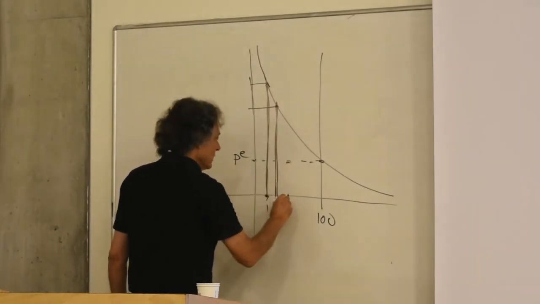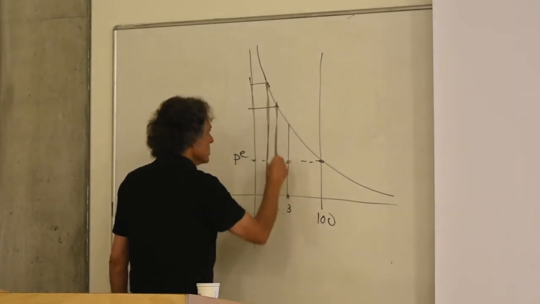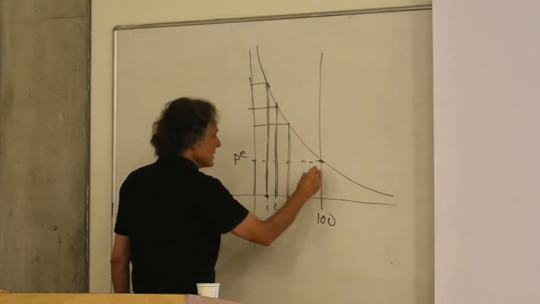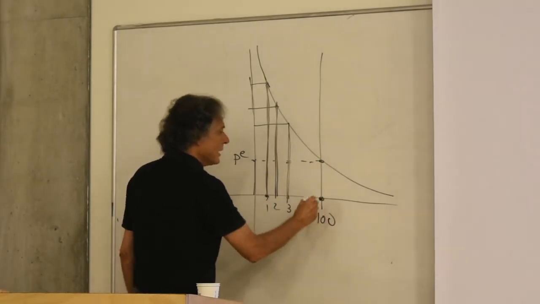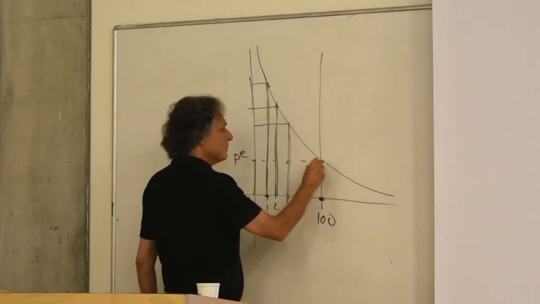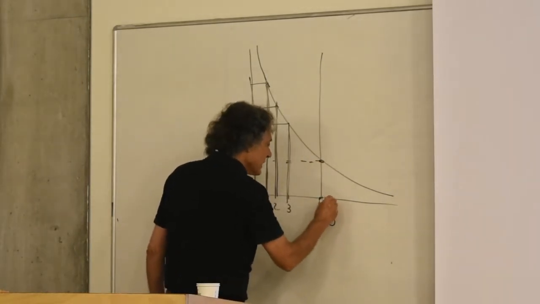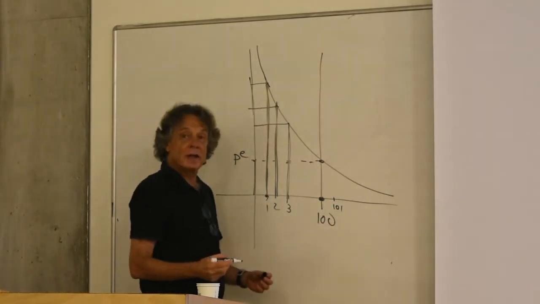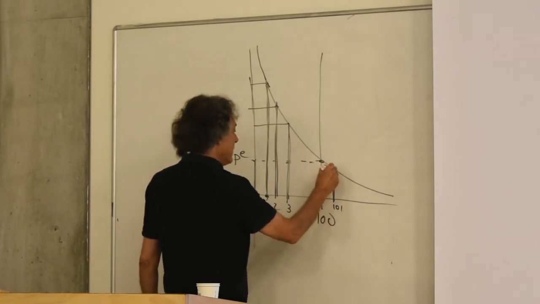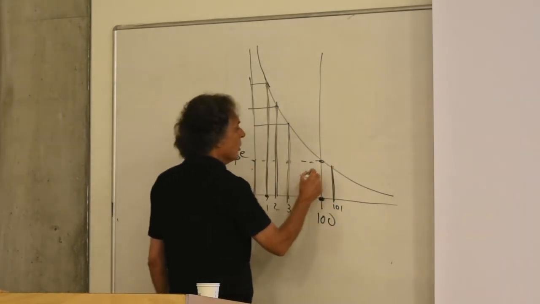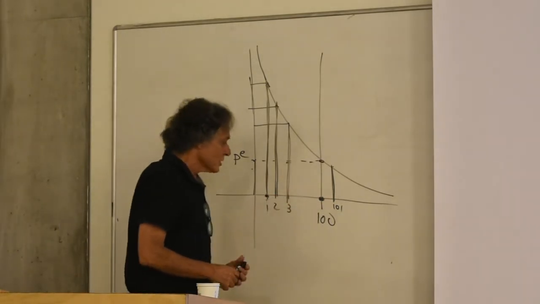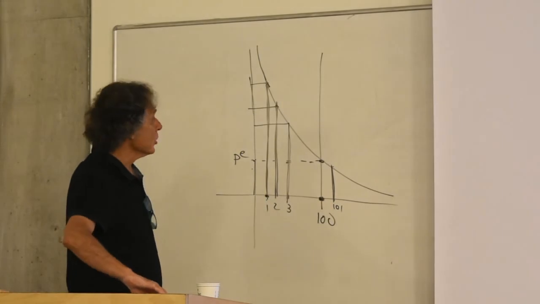The third one is willing to pay that much, still more than PE, etc., etc. The last one, the one that rents apartment number 100, is just willing to pay PE. Let's say that you are here, 101, even though we don't have a 101st apartment, but this person has a willingness to pay below PE, and therefore he or she is not going to be able to purchase or to rent a close apartment.